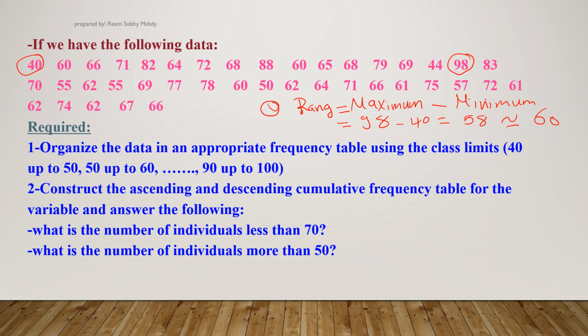The second step is to define the number of classes, and it can be from 5 to 50. In this example, we can assign 6 classes.